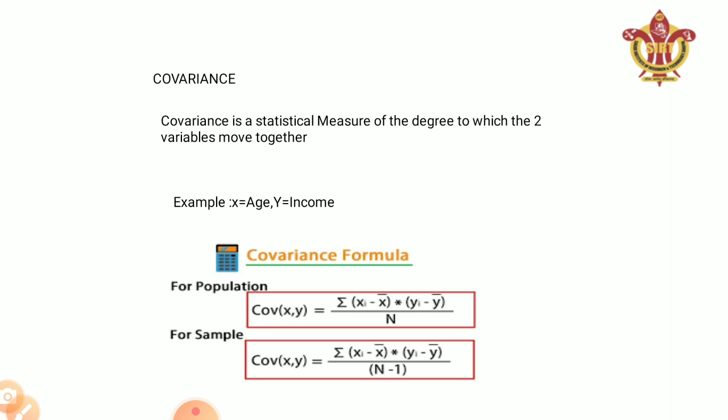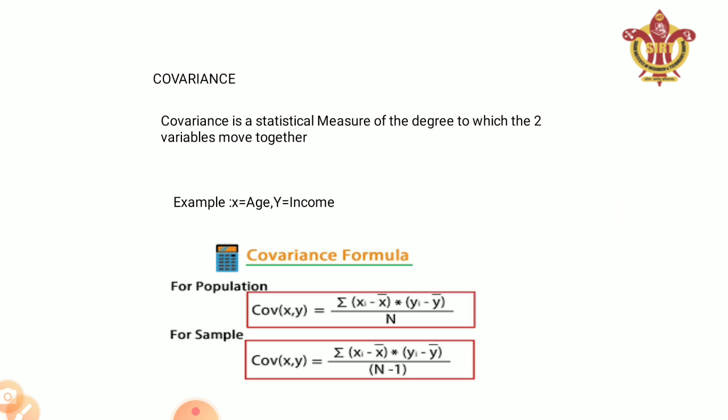So it is actually indicating the ratio of increment of both independent and dependent variables. Coming on to the next topic, which is covariance. What exactly is covariance? It is a statistical measure of the degree to which two variables move together. We can consider the example of age and income. As your age increases, your income also increases.